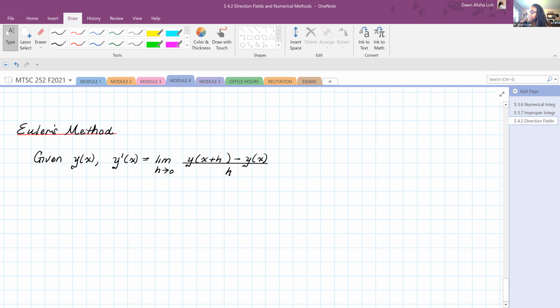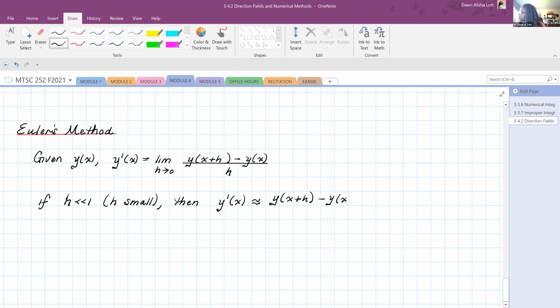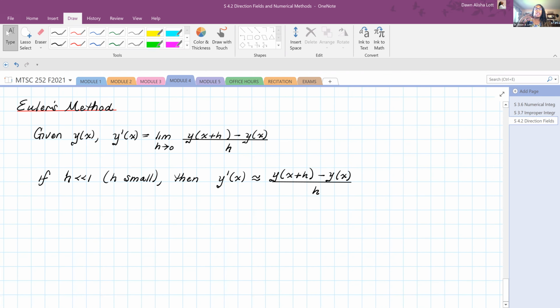Well, if h is really, really small, we write h is much less than 1, then we get y prime of x is approximately y of x plus h minus y at x, all over h. Now let's multiply by h.